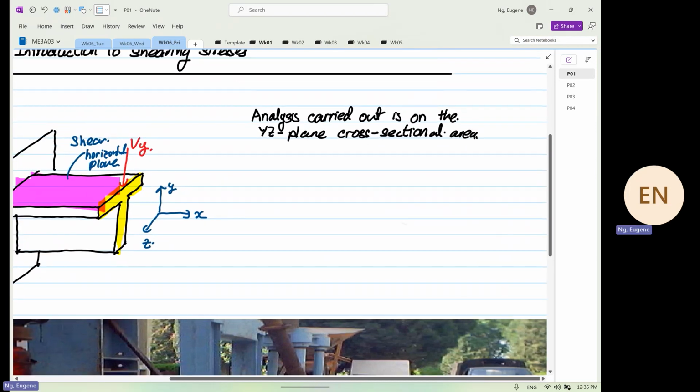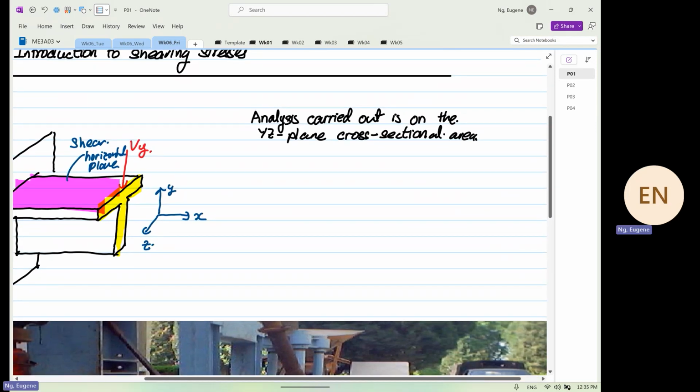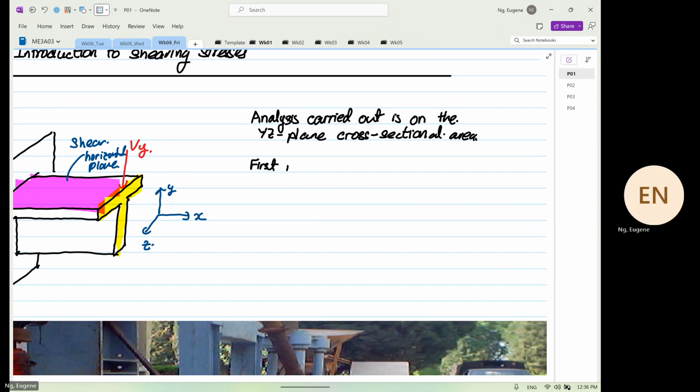I.e., when we apply our first moment of area, we do Q equals A Y bar. The A is based on the area on the yellow plane.